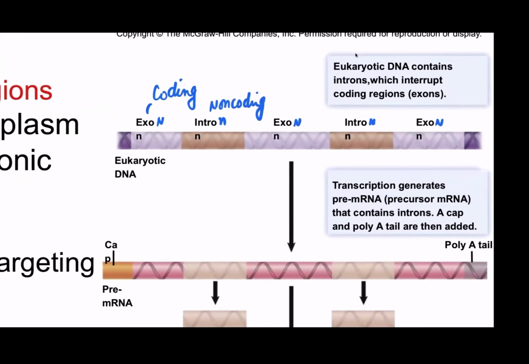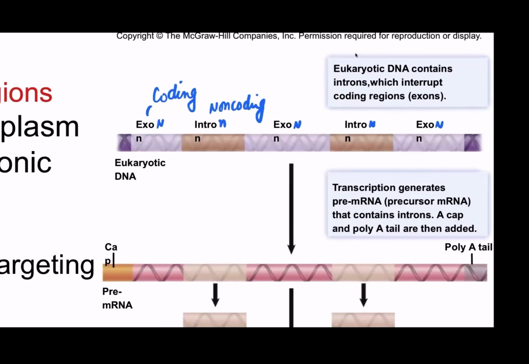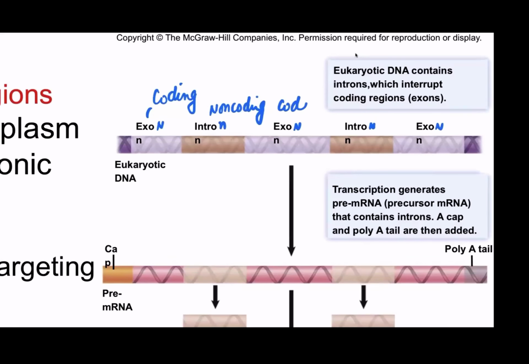So their DNA is always very, very long, because there are some segments of DNA that don't code for anything, coding and non-coding regions. And we don't know why it's like that.